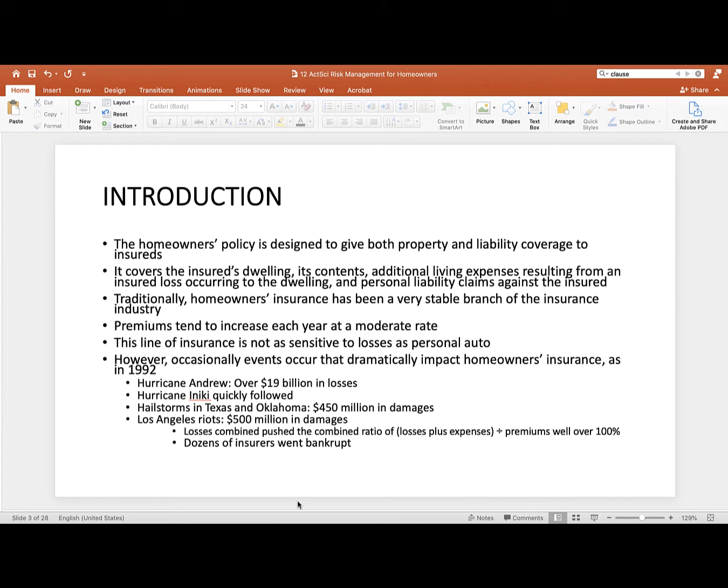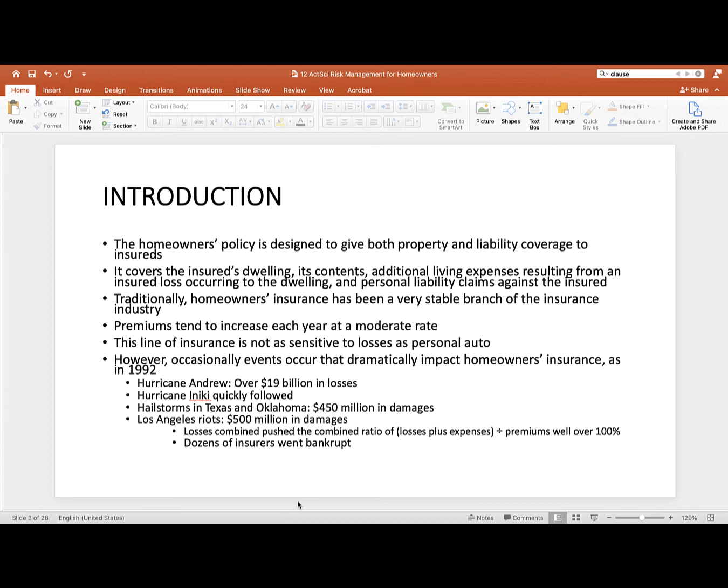So traditionally, homeowners insurance has been stable. It's referring more to the rates. Premiums tend to not increase by that much each year, and this type of insurance, the line of insurance, is just a type of insurance. There's different lines of insurance, meaning different types of insurance. But this type of insurance is not sensitive to losses, as is personal auto.